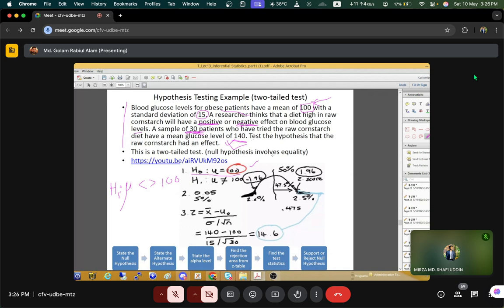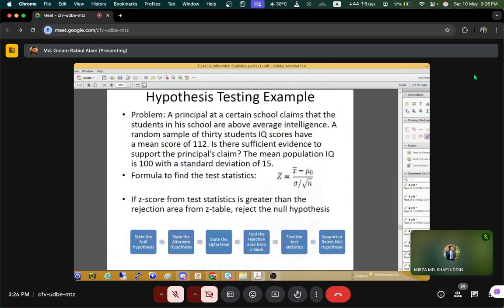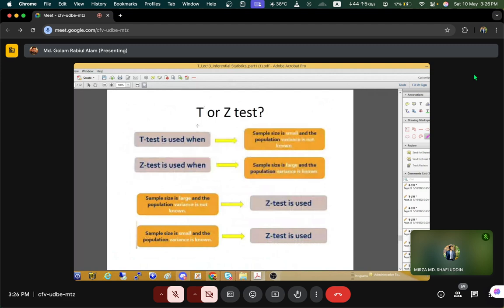Now we want to test this hypothesis, but at first we need to determine which kind of test to apply. We have to apply a parametric test, but which one, Z or T? The t-test is used when the sample size is small and the population variance is not known.